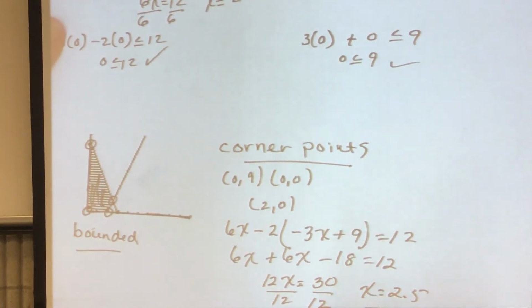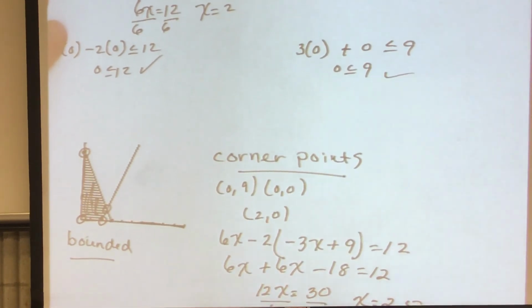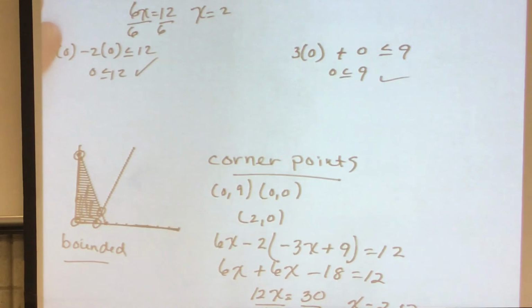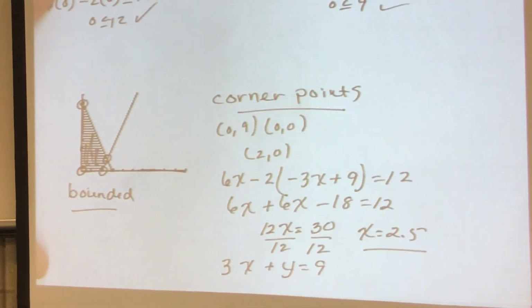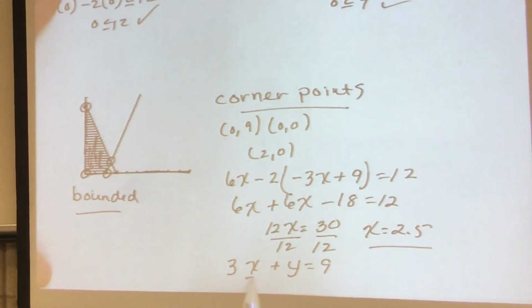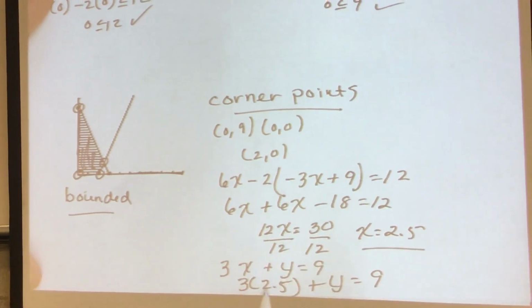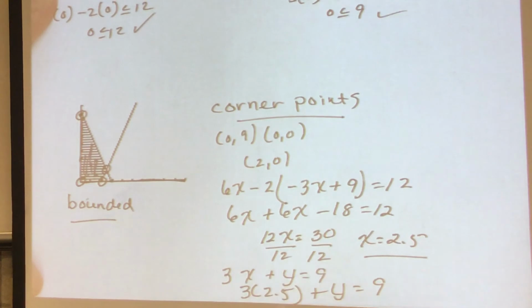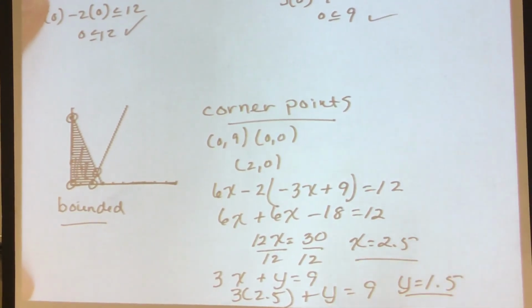And once I get the 2.5, I want to substitute it into one of the equations, and I'll substitute it into the second equation. So substituting 2.5 into the x, I have 3 times 2.5 plus y equals 9. 2.5 times 3 is 7.5. 9 minus 7.5 is 1.5.